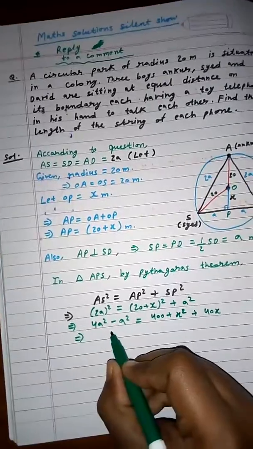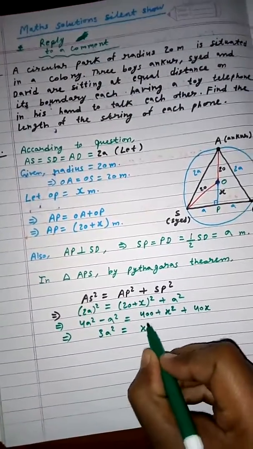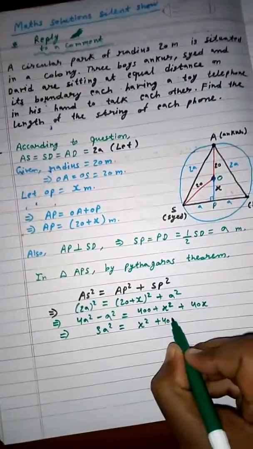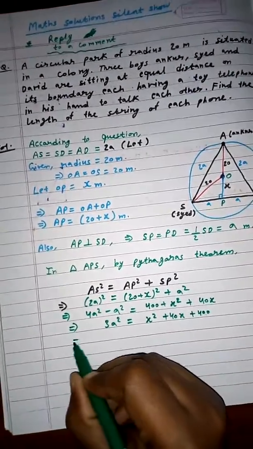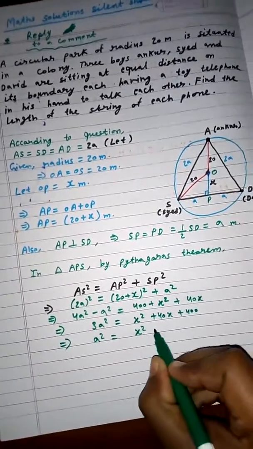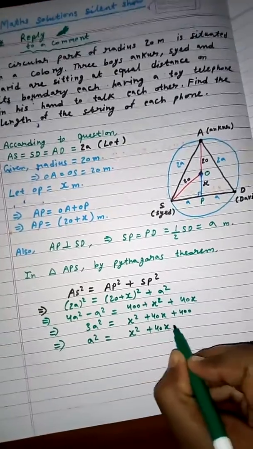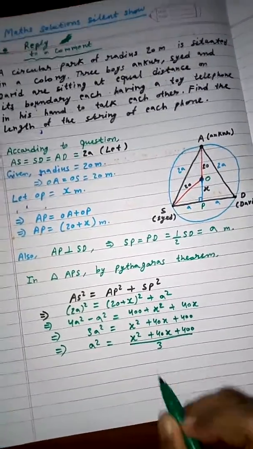Further solving this equation, 3a square becomes x square plus 40x plus 400. I am arranging this equation. Now the value of a square becomes (x square plus 40x plus 400) upon 3.